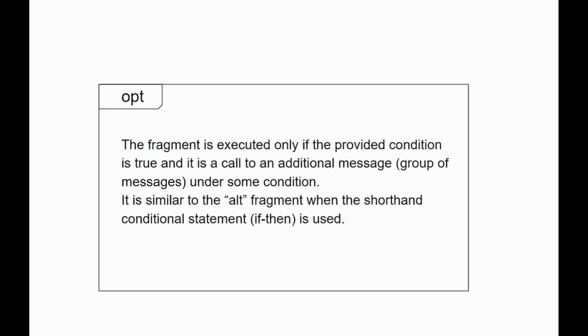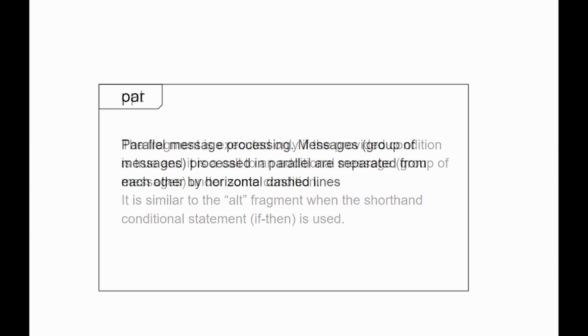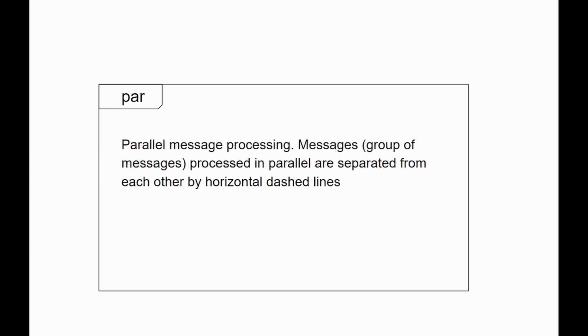Opt. The fragment is executed only if the provided condition is true, and it is a call to an additional message or group of messages under some condition. It is similar to the old fragment when the shorthand conditional statement if-then is used. Par. Parallel message processing. Message or group of messages processed in parallel are separated from each other by horizontal dashed lines.